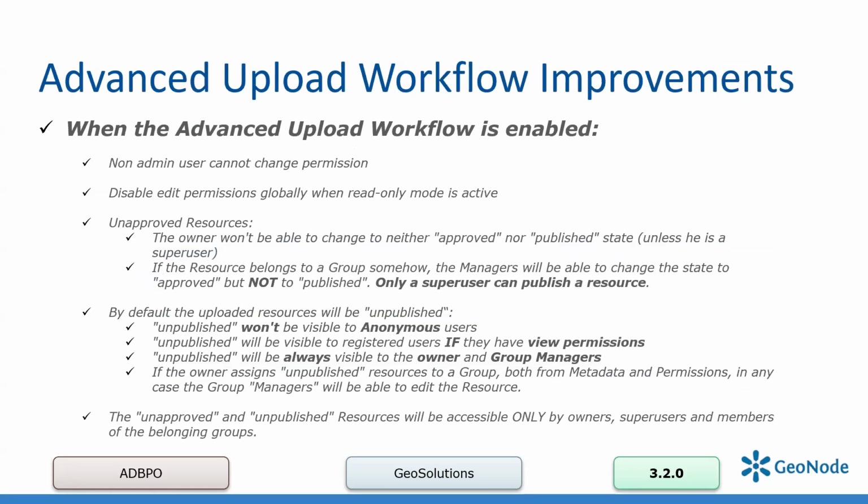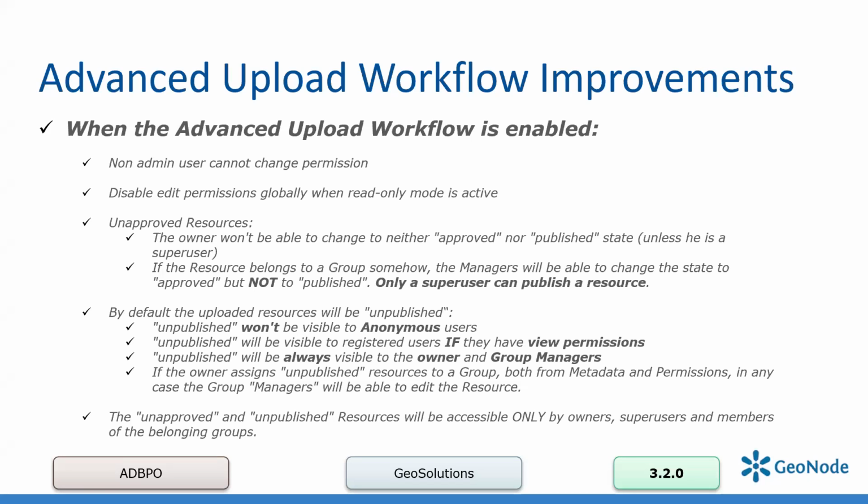There have been some improvements on the advanced upload workflow. This is not enabled by default, so you will need to enable it explicitly. By default, GeoNode will always publish resources publicly.